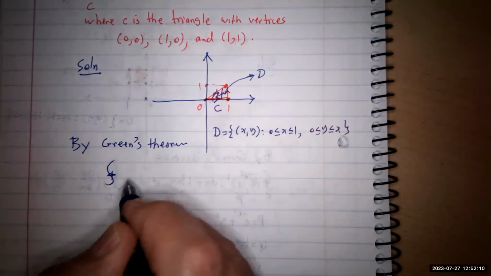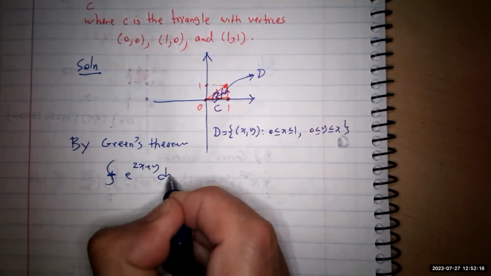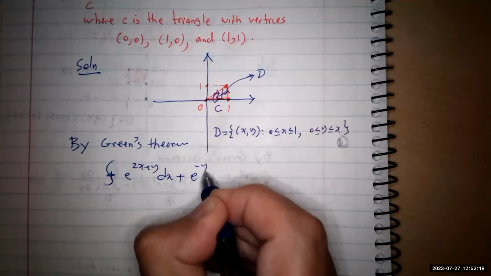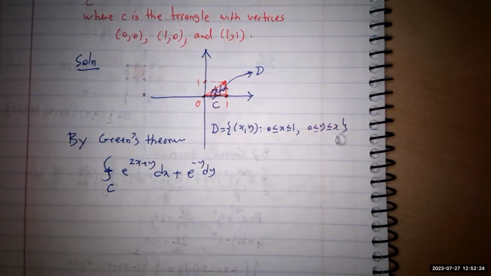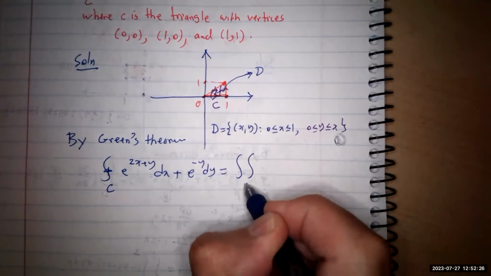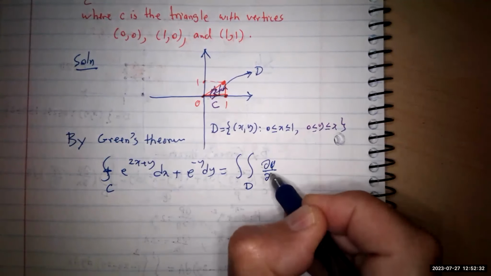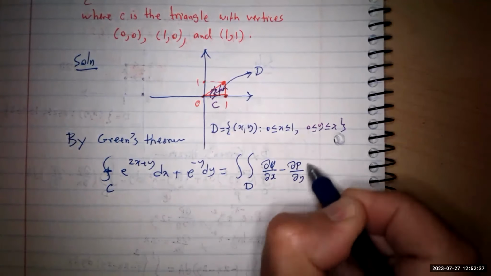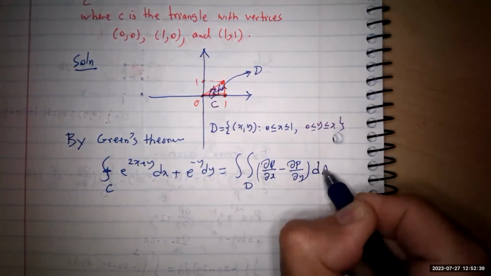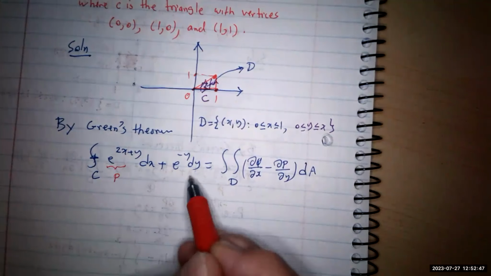The integral of e to the 2x plus y dx, plus e to the negative y dy over C, is going to be a double integral on the domain D of the partial of Q with respect to x minus the partial of P with respect to y, dA. And you already decided what you're going to have. This is going to be your P, and this is going to be your Q.